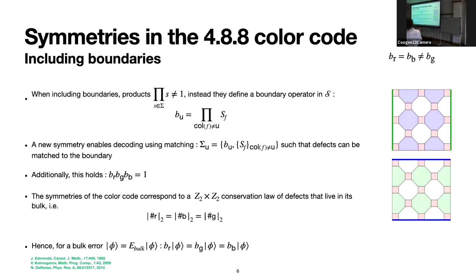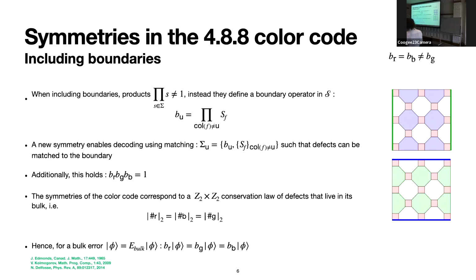Like we said before, the symmetries of the color code correspond to a defect conservation law. It tells us that the parity of the number of red, blue, and green defects on the color code is equal.